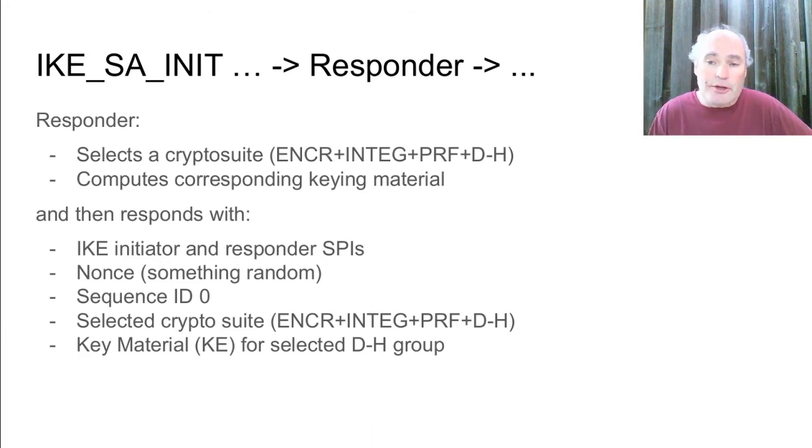It computes its own Diffie-Hellman keying material and then sends all that back. And at the same time it throws in its own SPI, its own responder SPI. So you now have two ends of the pair uniquely identified. Does the nonce, does a sequence ID, that chosen crypto algorithm, and of course that keying material.